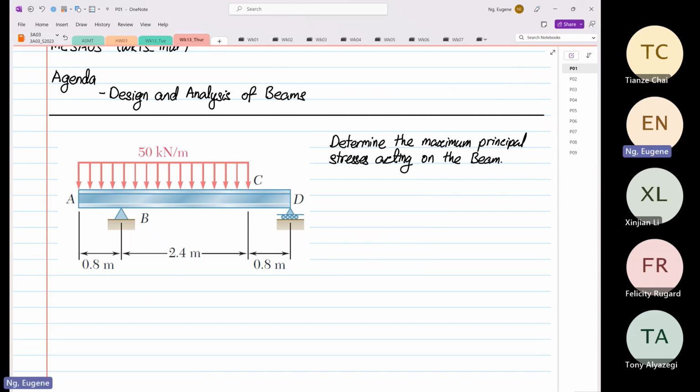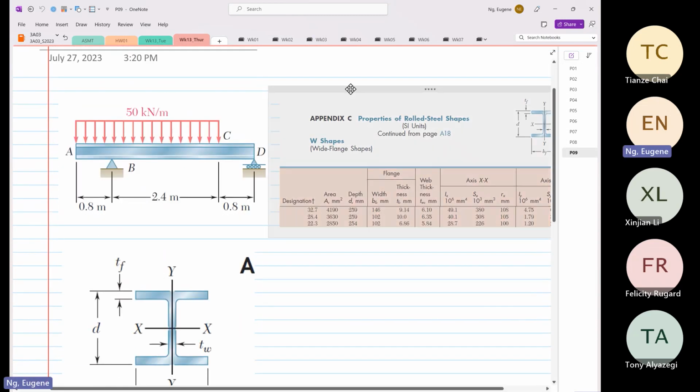Okay, and also given the section used is W250 by 28.4.